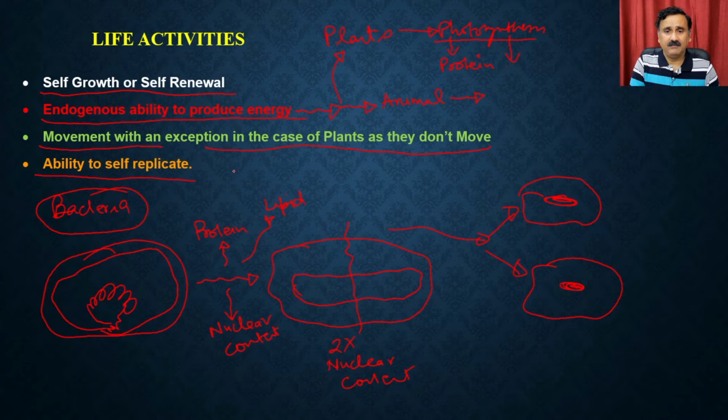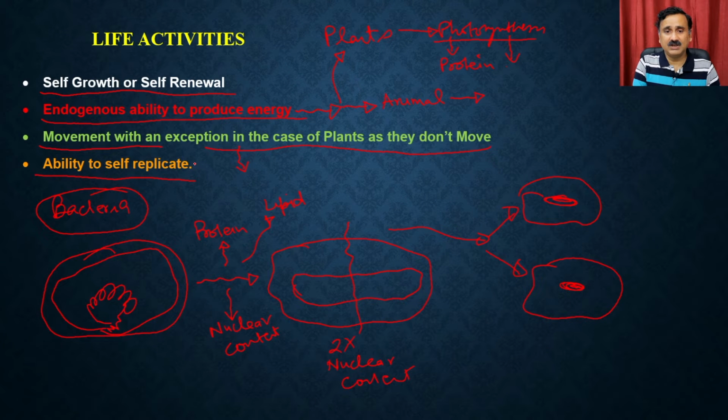Similarly, we have not discussed movement so far, but we are going to discuss in the subsequent modules how different types of muscles are going to participate in the movement of an organism from one place to another place. And then it also has the ability to self-replicate.